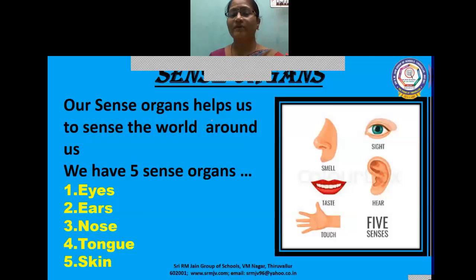Which organs help us to know the outside world? The organs which help us to know about the outside world are known as sense organs. The five sense organs are eyes, ears, nose, tongue and skin.